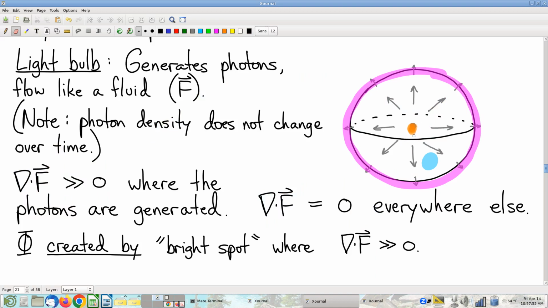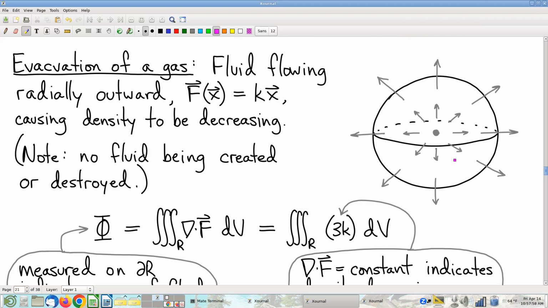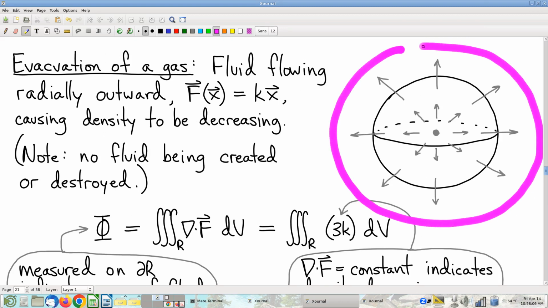Okay, now, next example. So here, this is a weirder scenario, I suppose. I'm imagining that we have a large balloon, and there's a certain amount of gas inside of the balloon, and then I'm imagining that the balloon is going to expand.